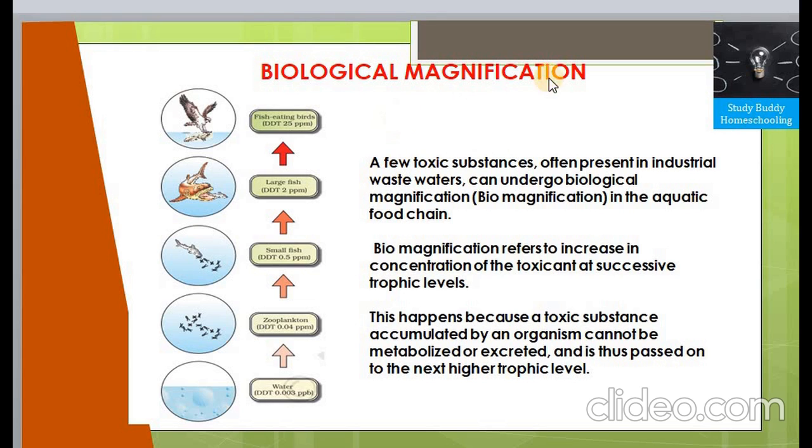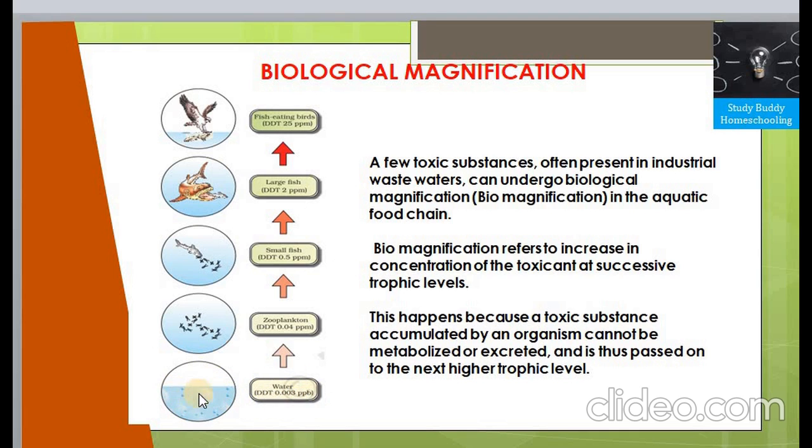They're all let out into the water bodies, be it river or lake or pond. Here there's an example where the water is contaminated with DDT. DDT is a pesticide which is let out from the industries. This water has 0.003 ppb, parts per billion, of DDT.